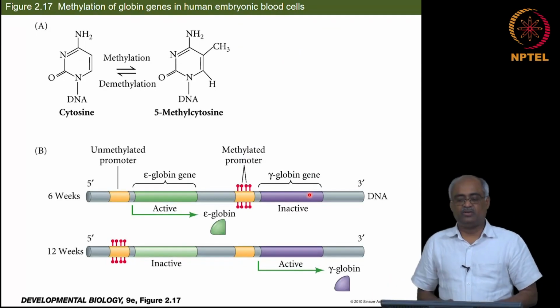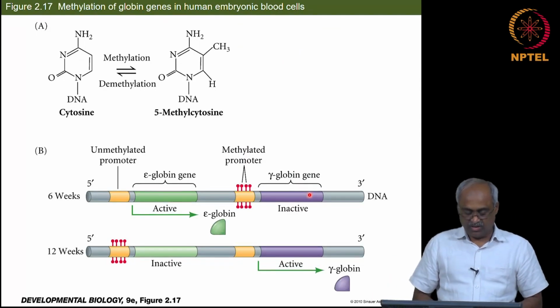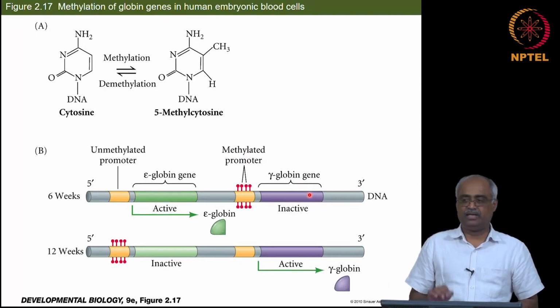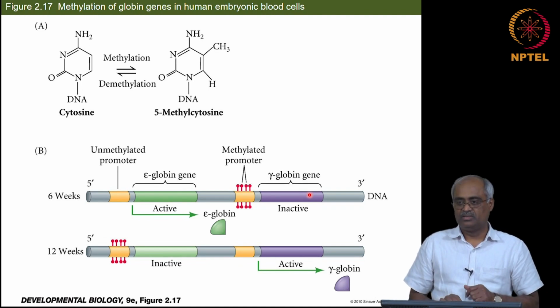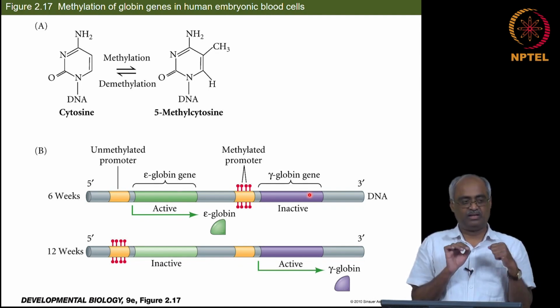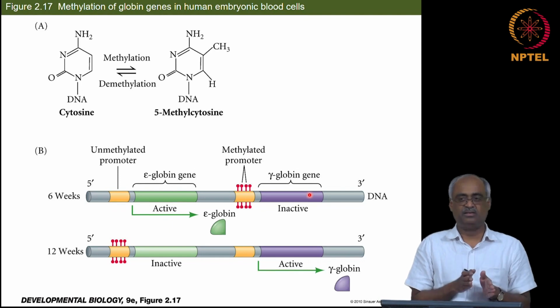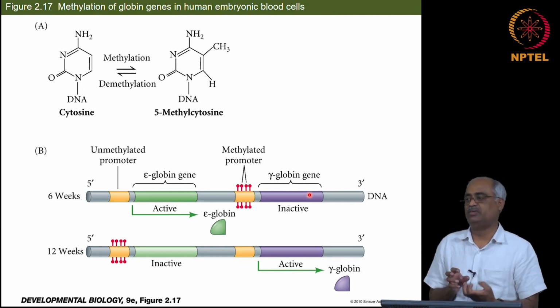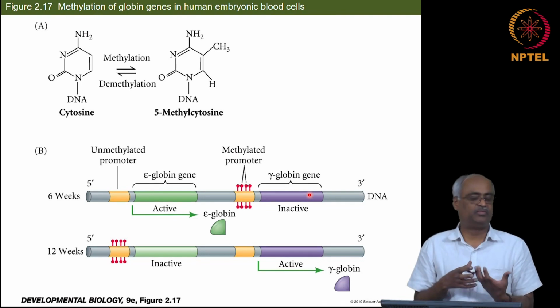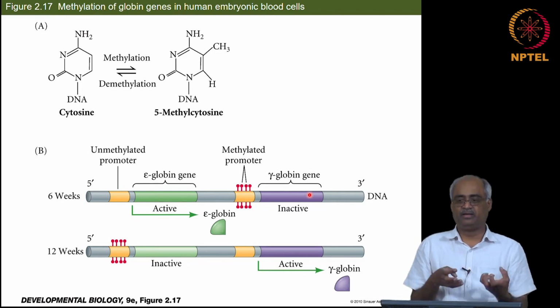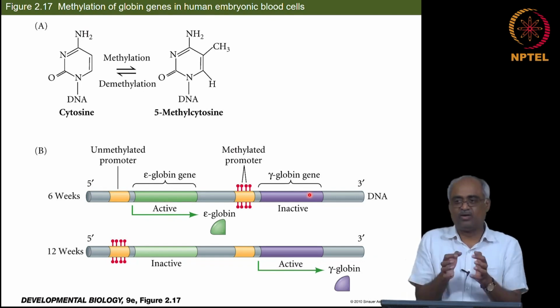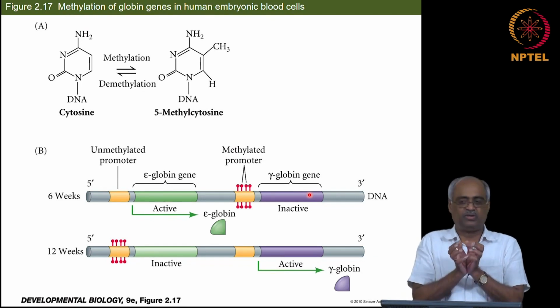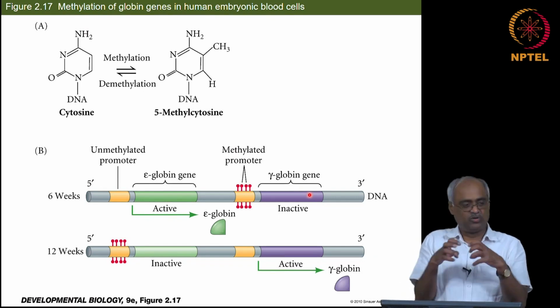Next we go to modifications that happen to the DNA itself. Initially we saw methylation, etc., and that was at the histone proteins, and that affects the chromatin architecture, whether it is tightly coiled with the nucleosomes and histone H1 bringing all those nucleosomes together into that solenoid structure, or it is going to be opened up.